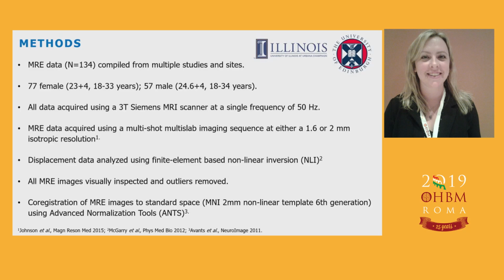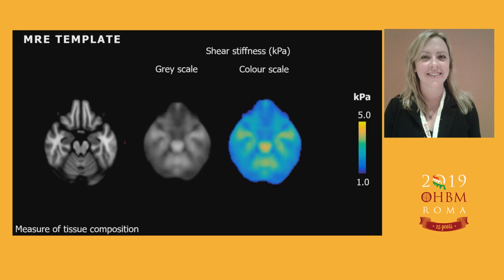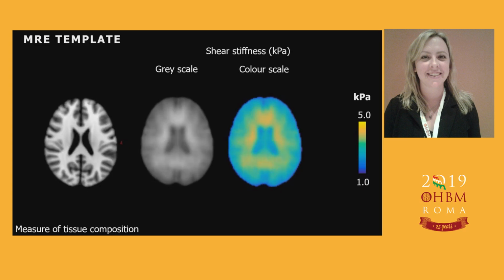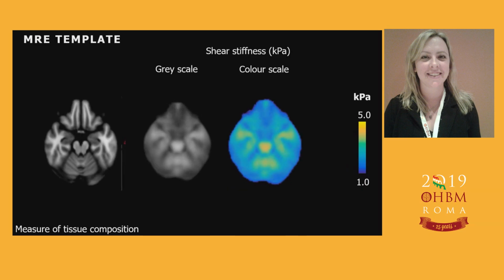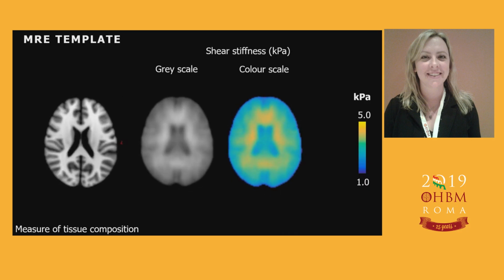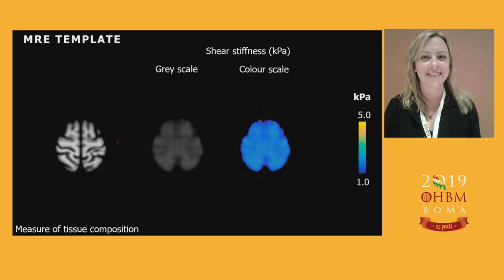This is a subzone optimization approach where you iteratively update properties until displacements agree with an initial model estimate. These types of models allow for spatially varying properties. We visually inspected all the images, and we co-registered the MRE images to standard space using advanced normalization tools.